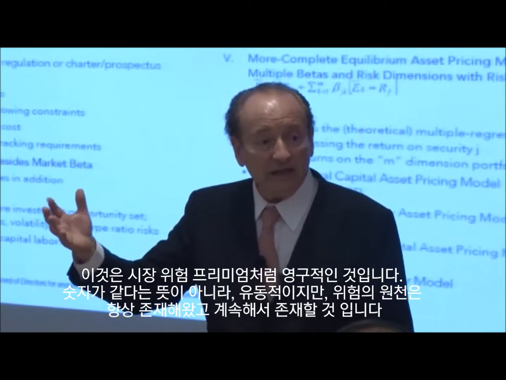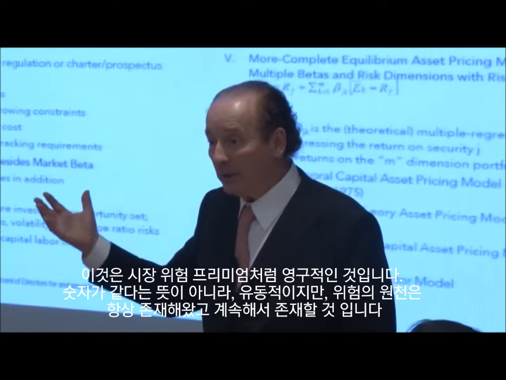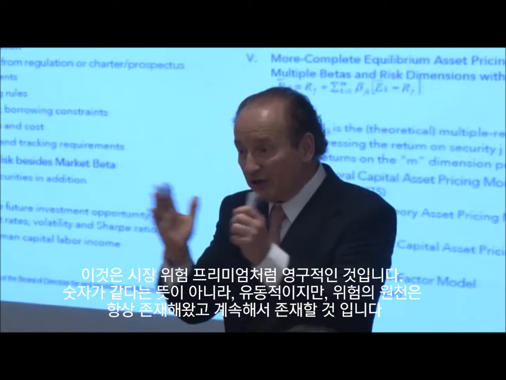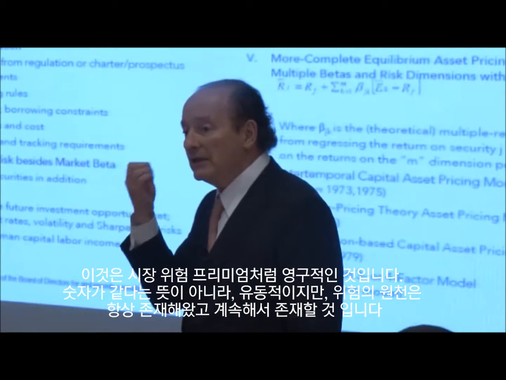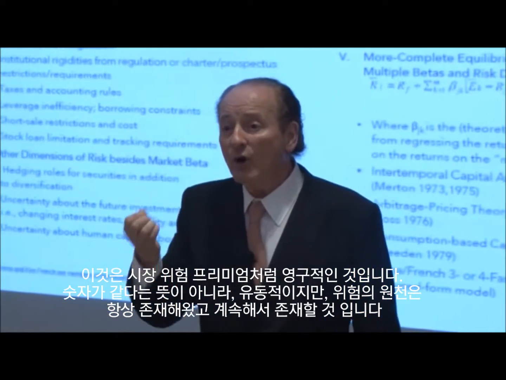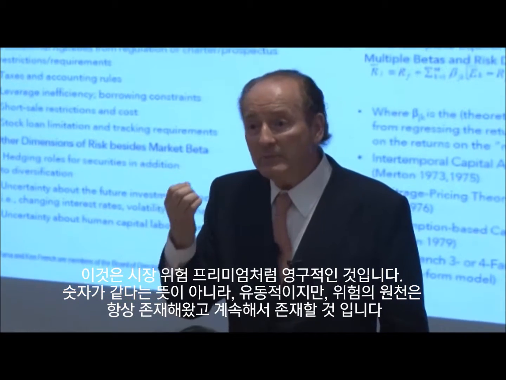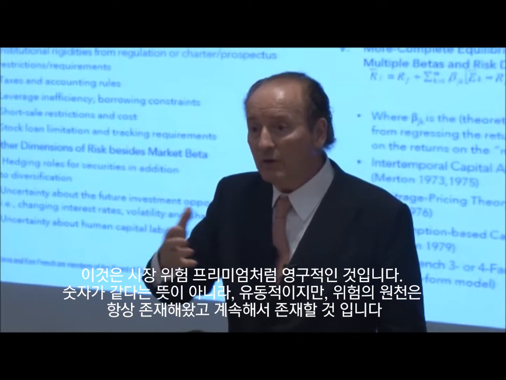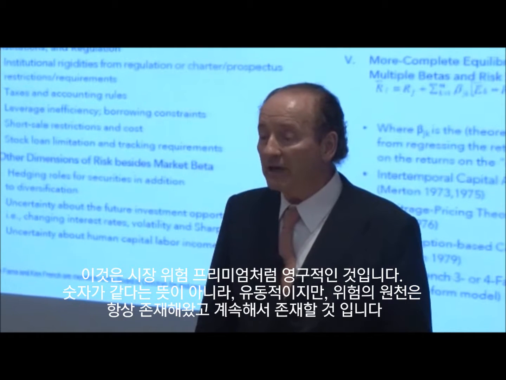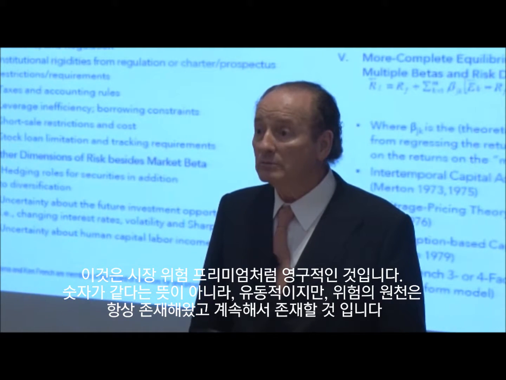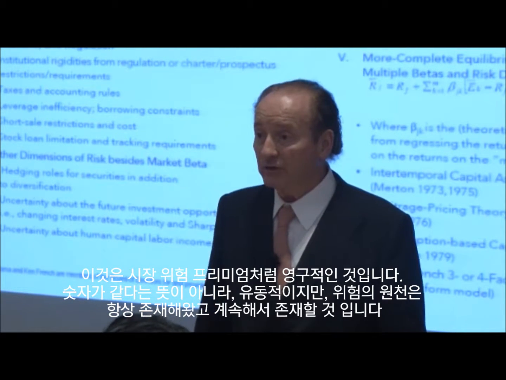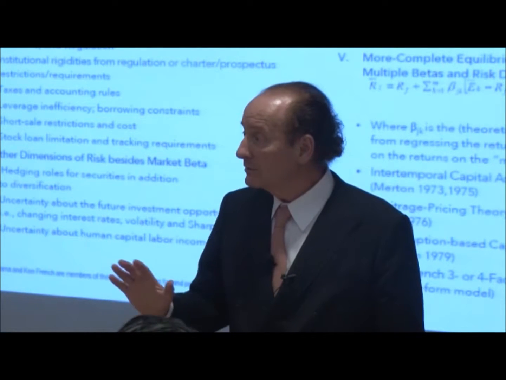This is, as much as anything like the market risk premium, permanent. I don't mean the number is permanent, it shifts. But the source, the kind of risk we're talking about, has always been there and is always going to be there because we'll never be able to know what the opportunity set is going to be in the future for sure. I'm just giving this one dimension additional to make the point.